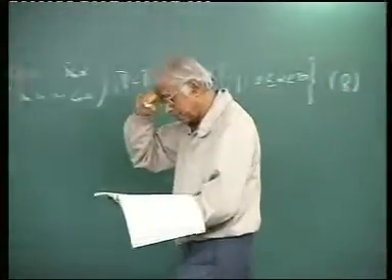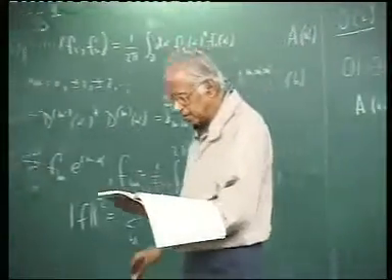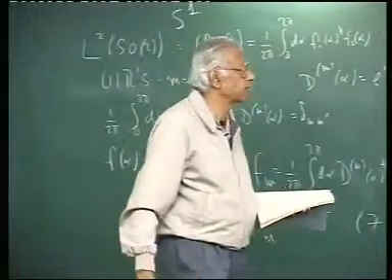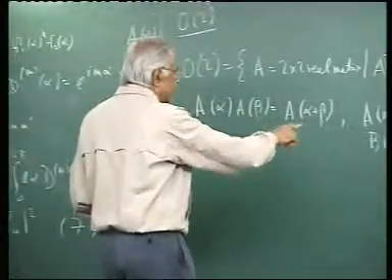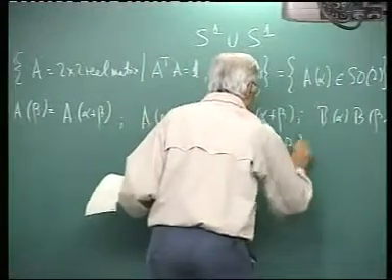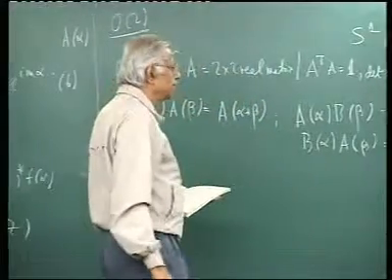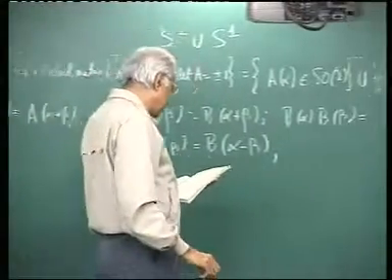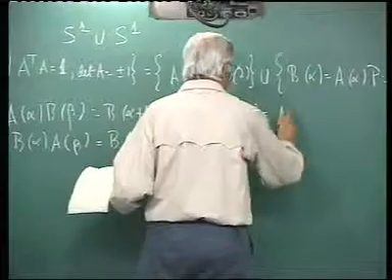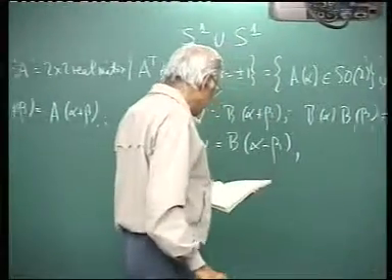I want you to check all these things. A of minus alpha is the inverse of A alpha, correct? That is clear. So what is this? B of alpha minus beta. And this last one? A of alpha minus beta. I want you to appreciate something.